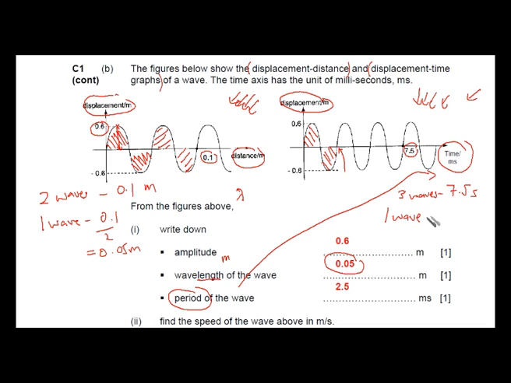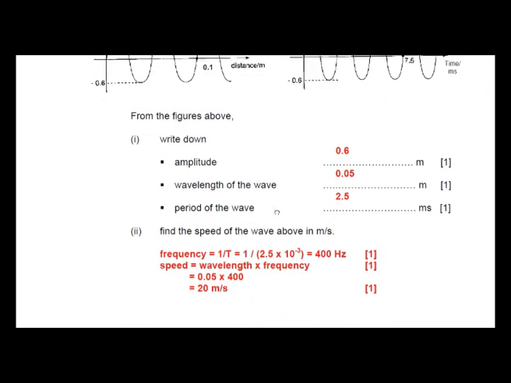So one wave is 7.5 divided by 3 equals 2.5. So one wave is generated in 2.5 milliseconds. It's not seconds, it's milliseconds, because the axis over here says it's milliseconds. Right, so let's go on to part 2.